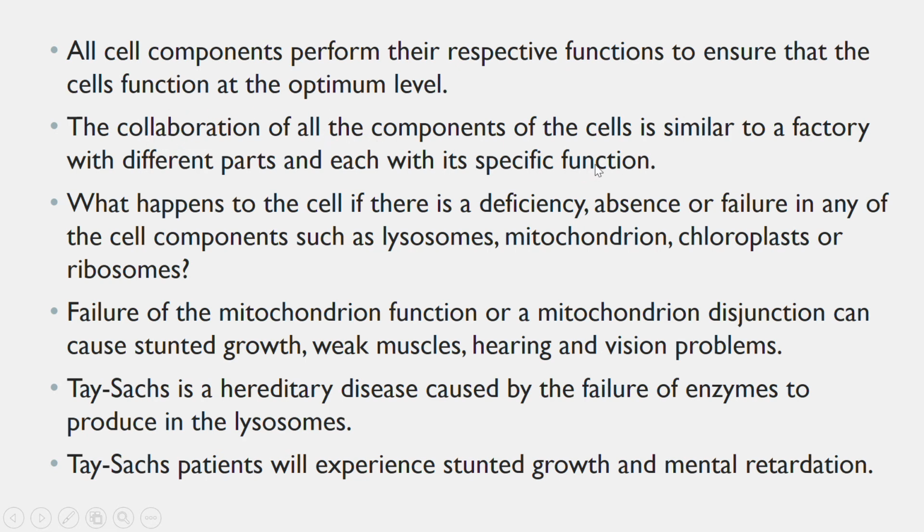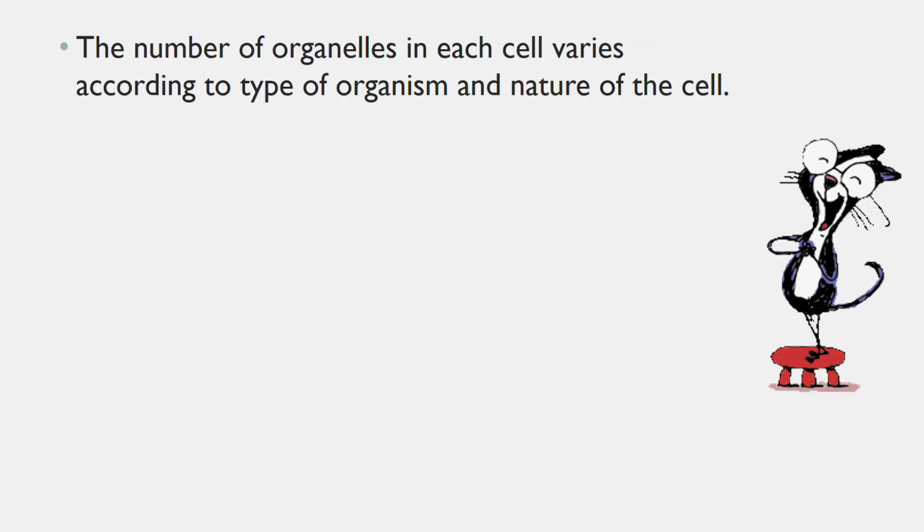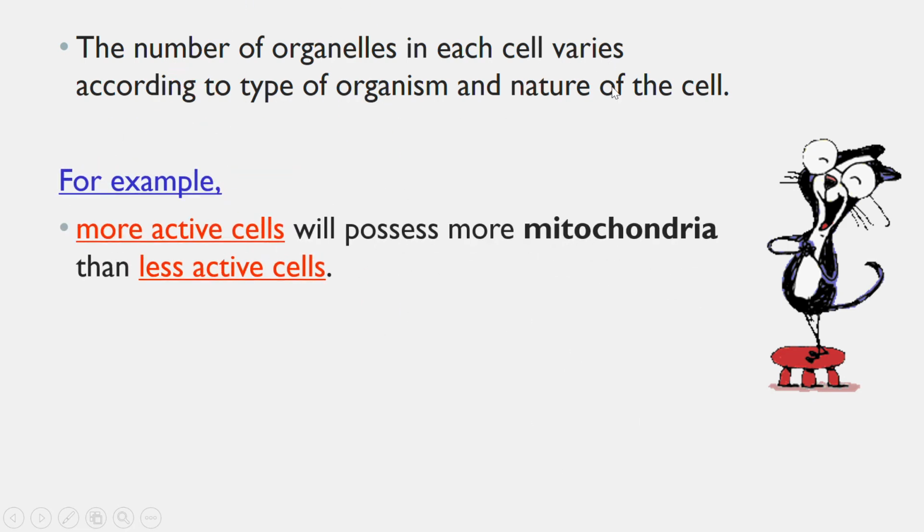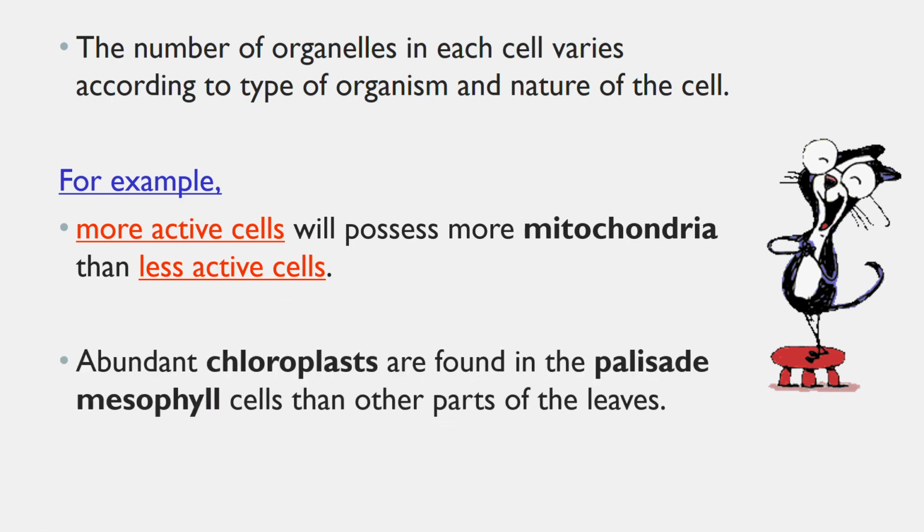It's like a factory, okay, with the different parts, each and every one carrying a specific function, enabling the organism to function as a whole effectively, optimally. Okay, the number of organelles here refers to the cell components in each cell. It varies according to the type of organism and also the nature of the cell, like the ones mentioned just now in the table.